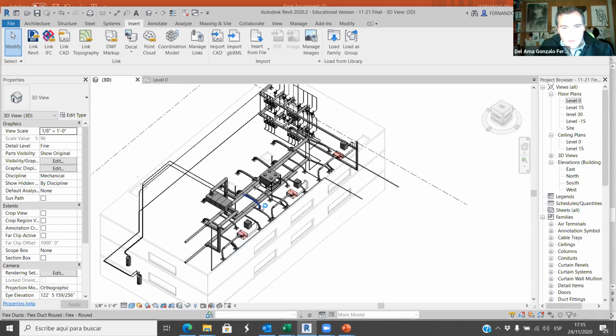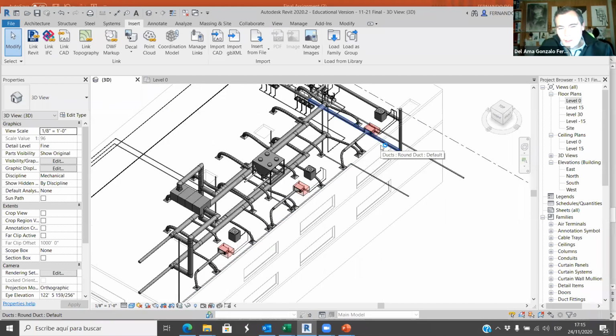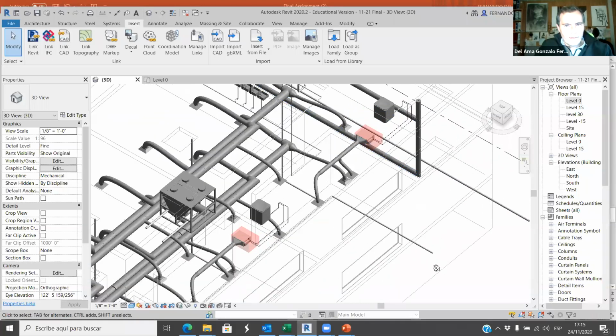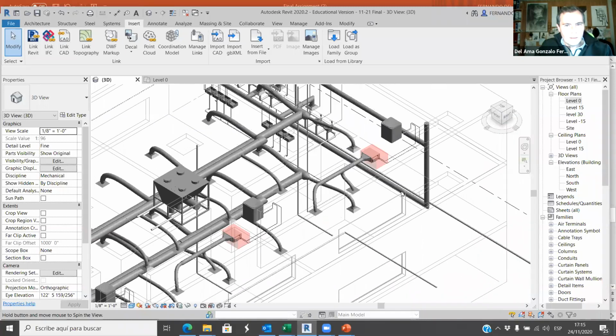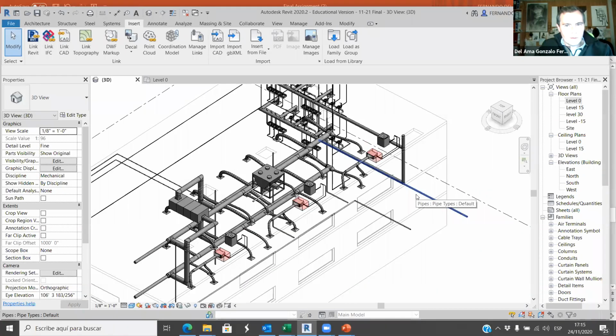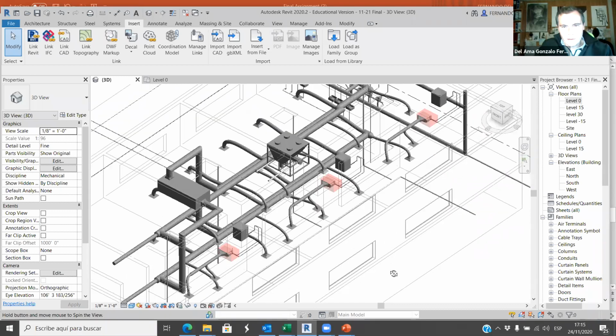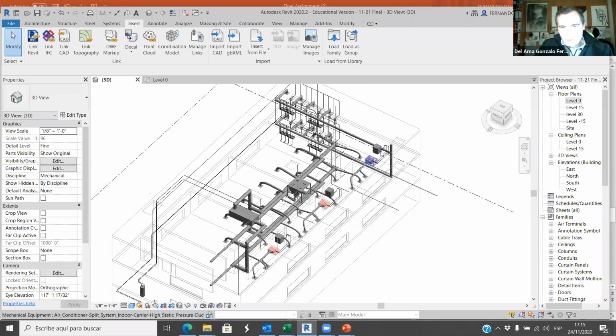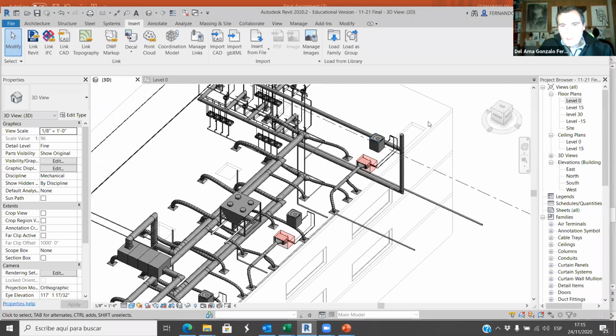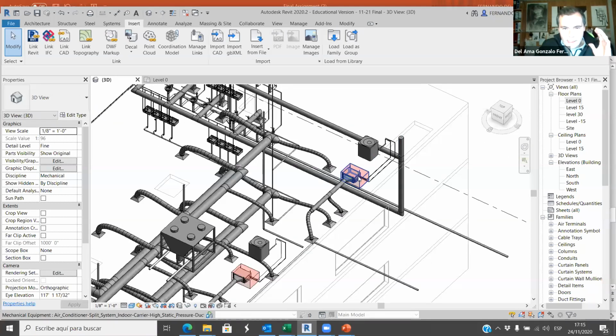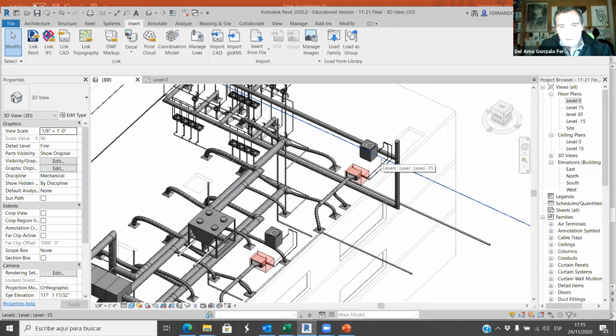I mean, if you're able to do this, you are above the average. I don't think there are architectural students that can do this at the junior year, because this is high level Revit, and we are not talking about modeling. We are talking about understanding the systems.